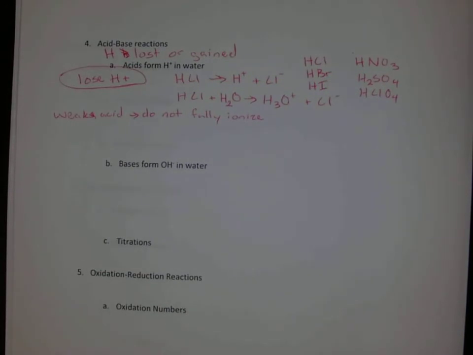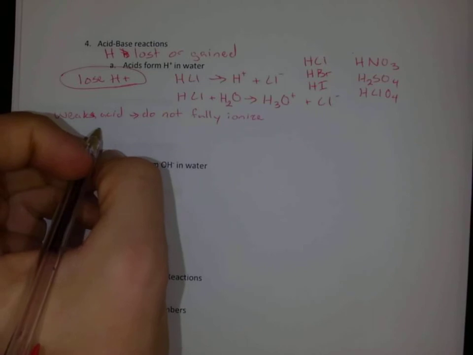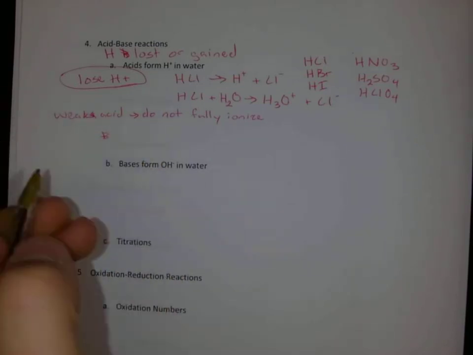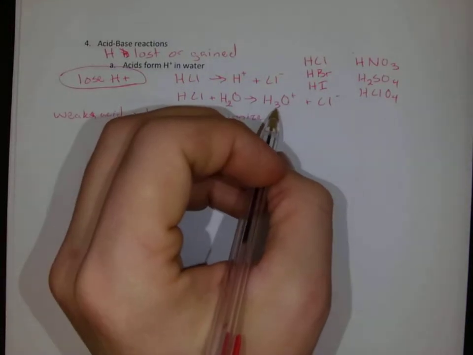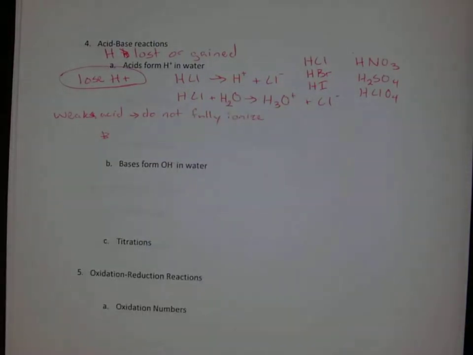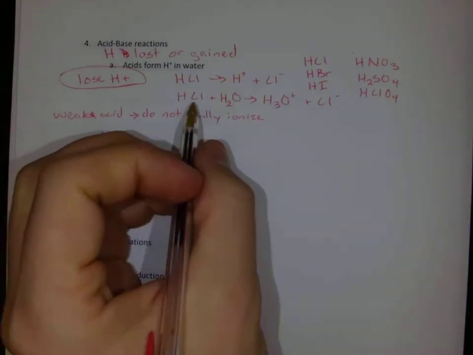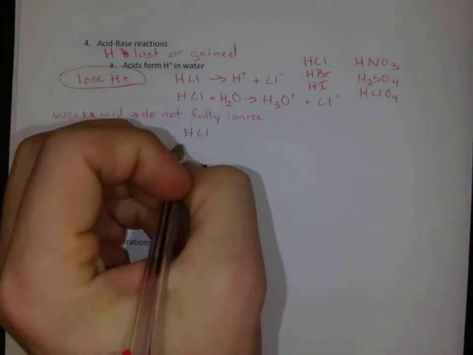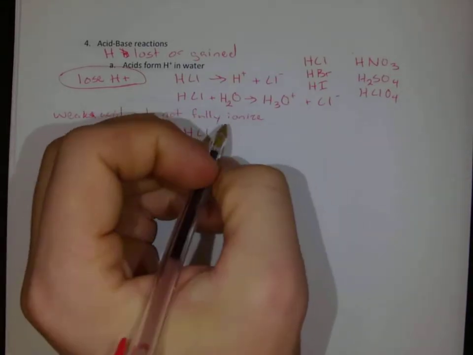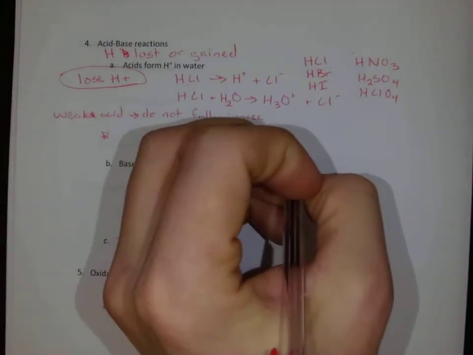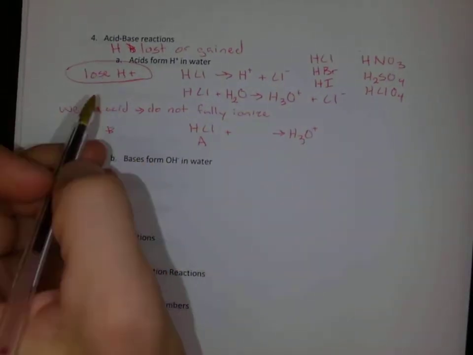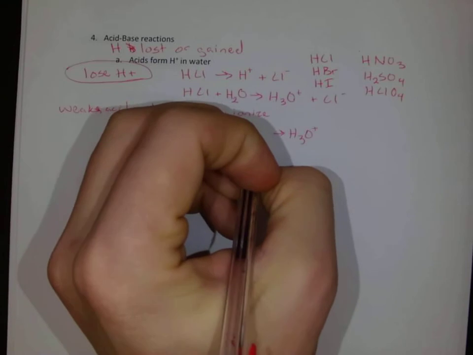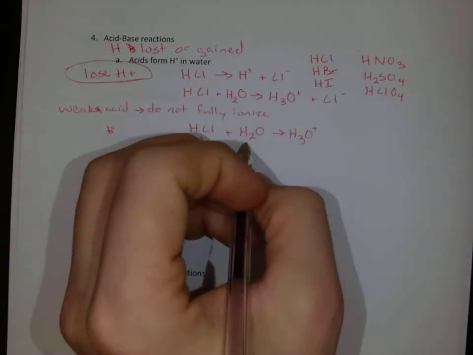Okay? But if we look at our reactions, let's just take this one up here. Okay? We see HCl plus H2O forms H3O plus and Cl minus. We can label this as acid and base pairs, okay? So HCl is an acid, right? And it's going to form H3O plus. We know that we are forming H3O plus, so H plus loses the acid. So the other piece that is accepting the acid is H2O.